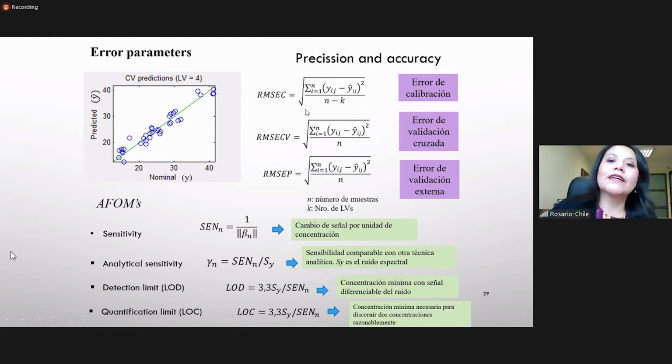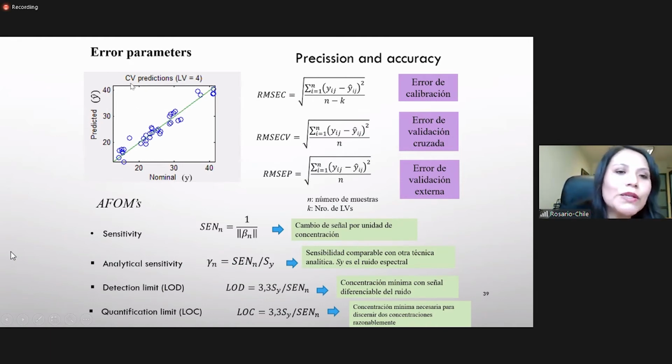In multivariate calibration it is called RMSEC, the root mean square error of calibration. The root mean square error of cross validation is the internal validation, and this is the calculation of the root mean square error of prediction, which is the external validation error. N is the number of samples, and k here is the number of latent variables in calibration.